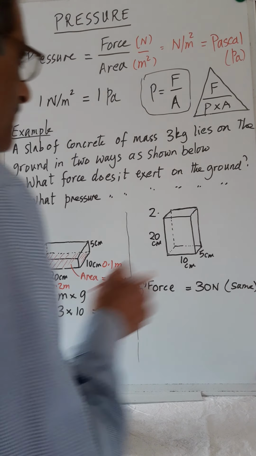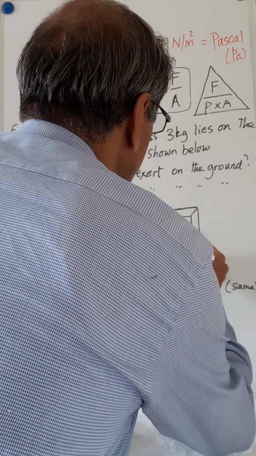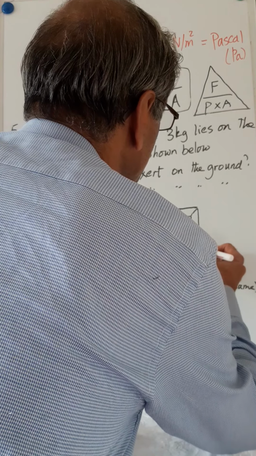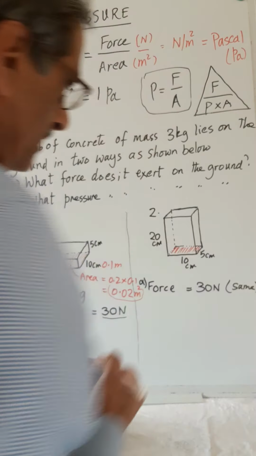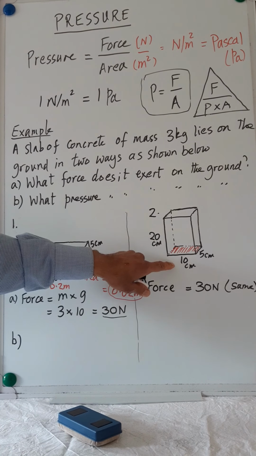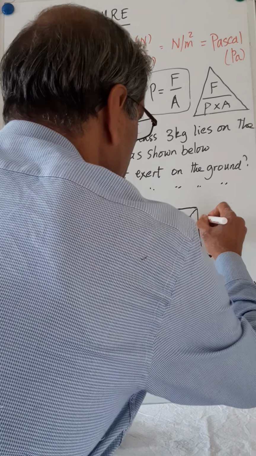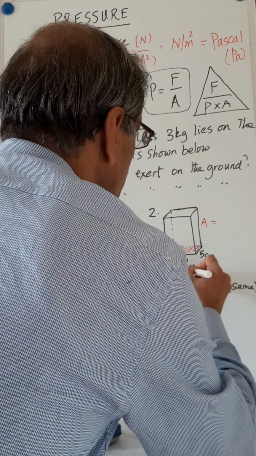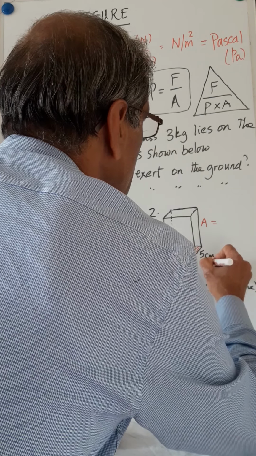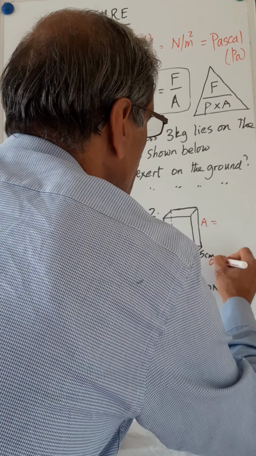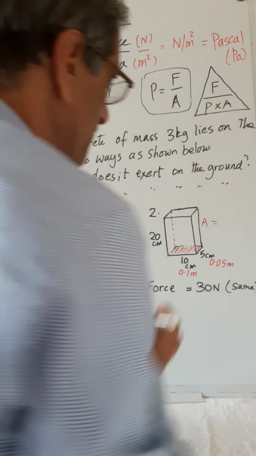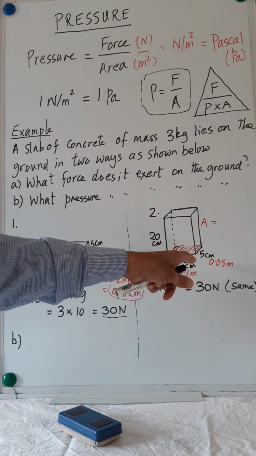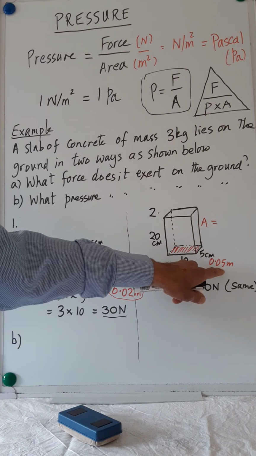And in this case, the side that is in contact with the ground is the smaller side, and its area is, now this is 0.1 meter, 5 centimeters is 0.05 meters, okay? If you divide 5 by 100, you get 0.05 meters.